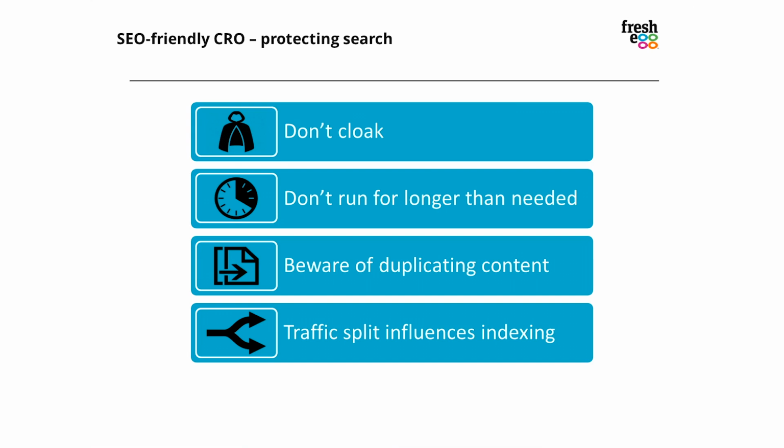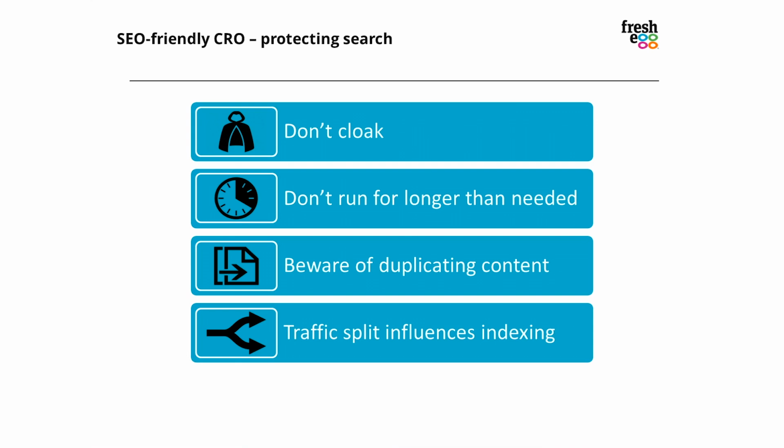The traffic splits that you run an experiment on can have a big impact on SEO. There's nothing formally that's been published by search engines to say which version of a page they're going to index, but in our experience, if you send more of your traffic to one variation than another, that can lead to that page being indexed.